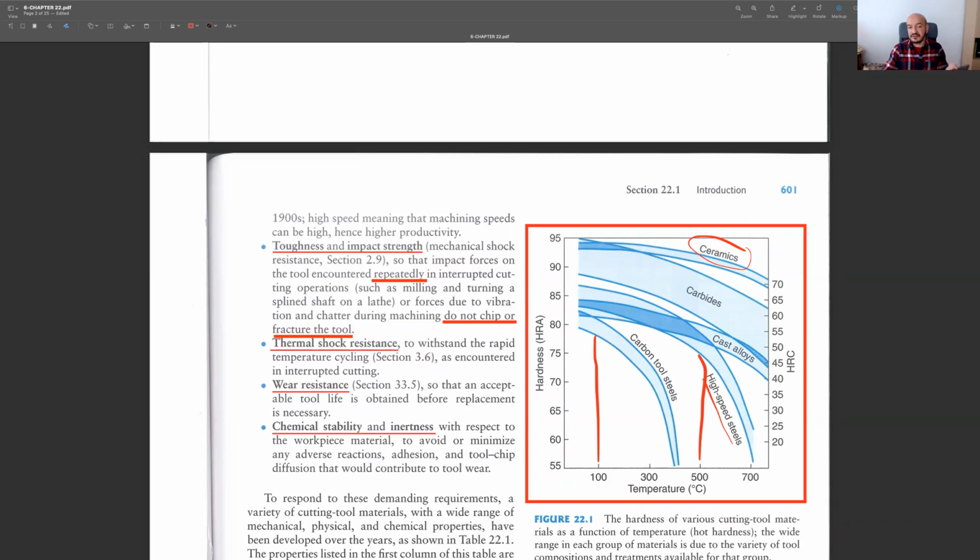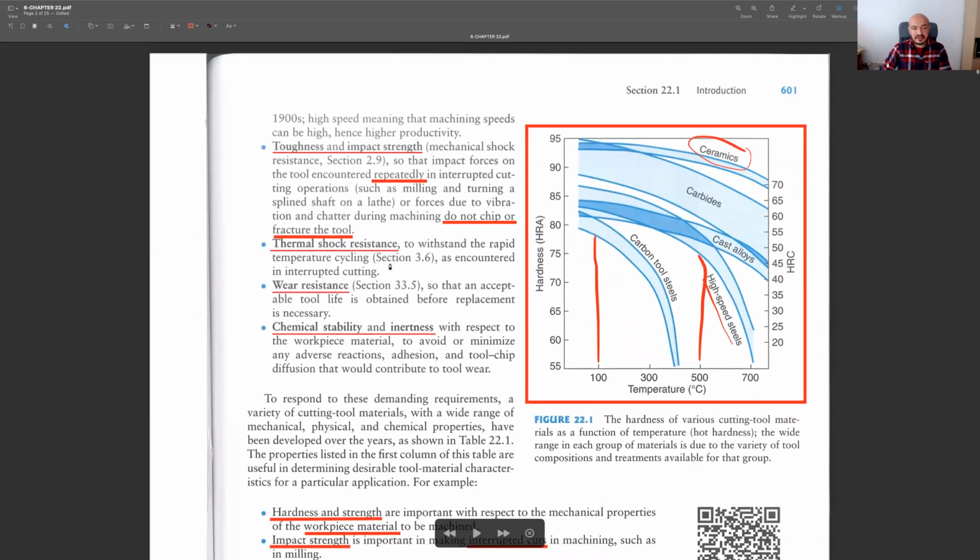So if your cutting tool cannot withstand these impact forces, or toughness is low, then probably we will have some chipping. The tips, edges, and corners of your cutting tool material will be removed, and we will finally break the tool and need to replace it. So that's why we want our cutting tool material to possess these properties: high toughness and high impact strength.